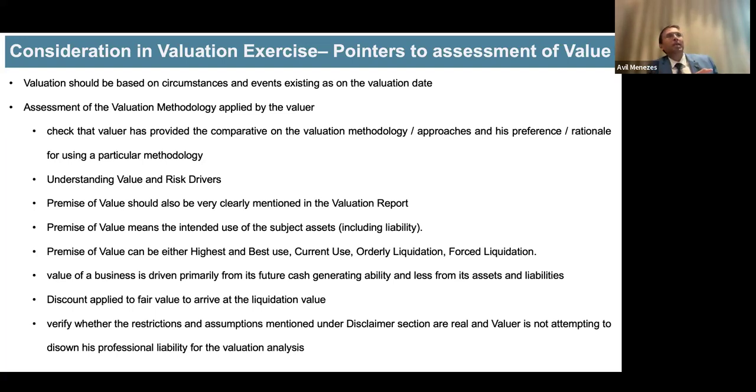For example, if it is a plant with a 25-year life, and at the 16th or 17th year you're trying to sell it under a liquidation, you may not be able to do this in an orderly liquidation. It might be a forced liquidation where you sell it in bits and pieces, because no one may come and take it, since refurbishment of the plant may also take time.